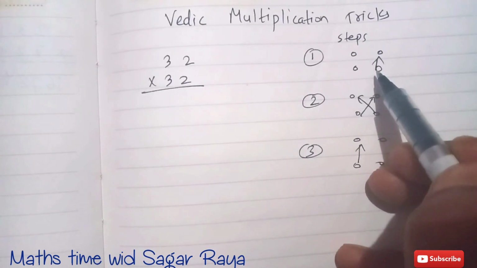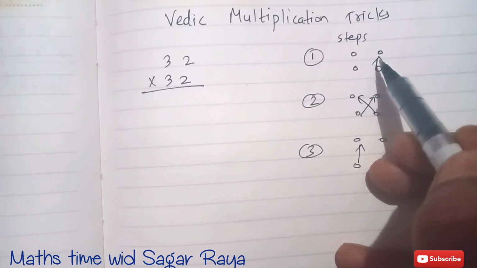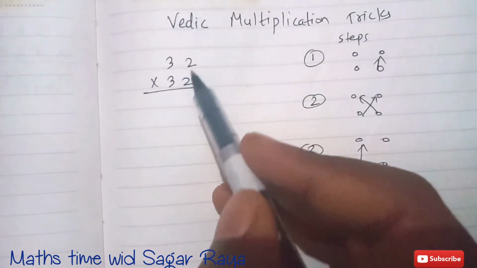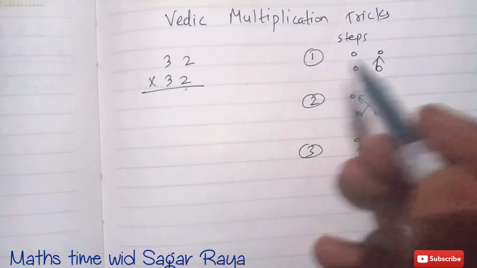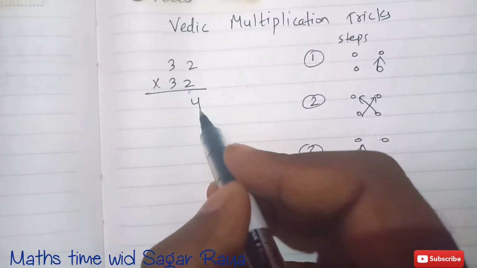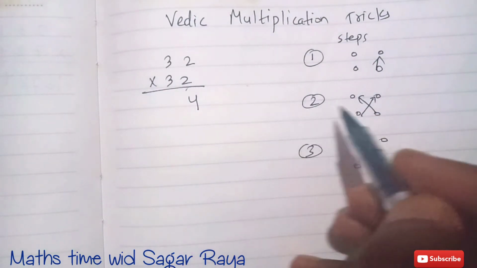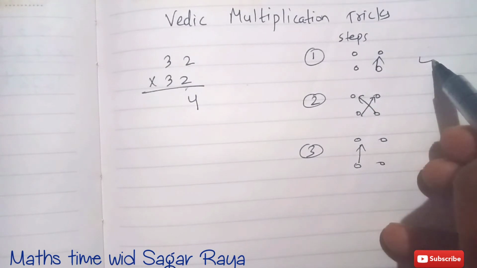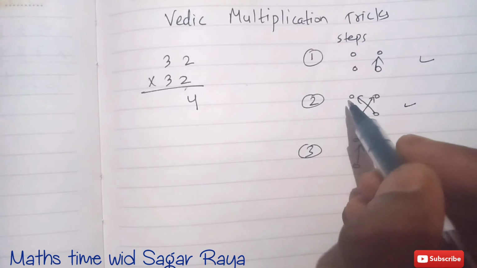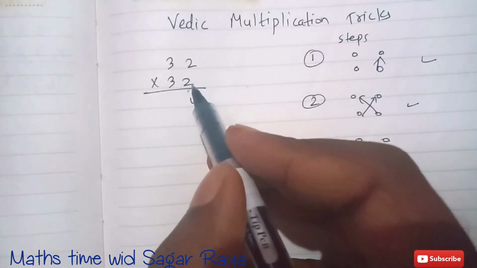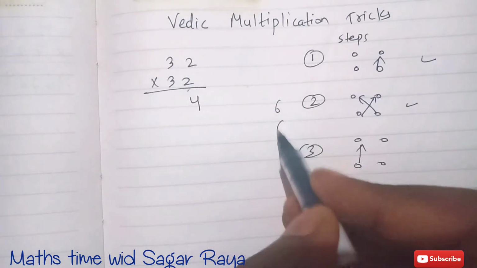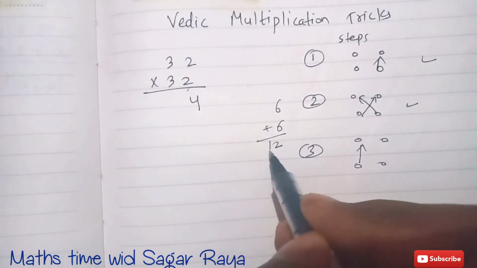So the right hand side digits, 2 and 2, should be multiplied. Okay, now let's multiply this. 2 times 2 becomes 4, so no carry, no problem. Now let's do another process. This is the crisscross: 2 3s are 6, write down 6 here, and 3 2s are 6, so 6 plus 6 becomes 12.